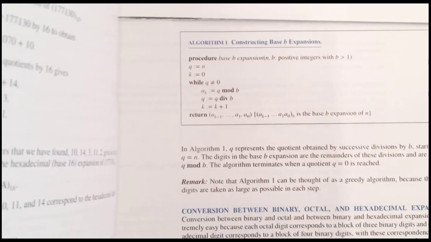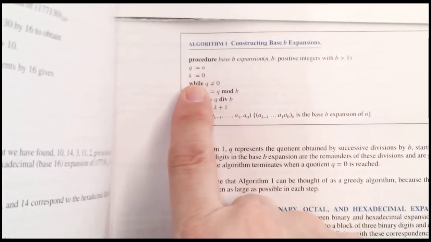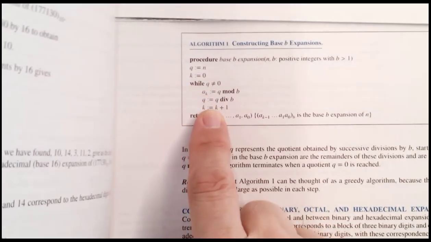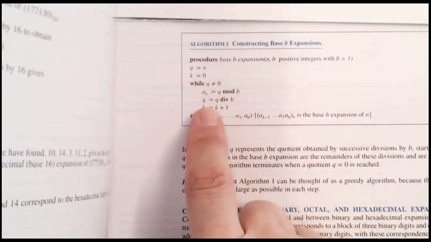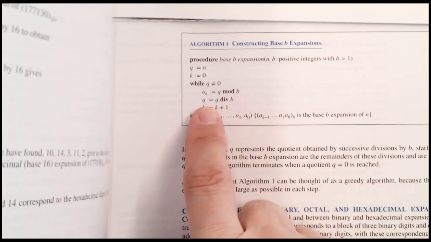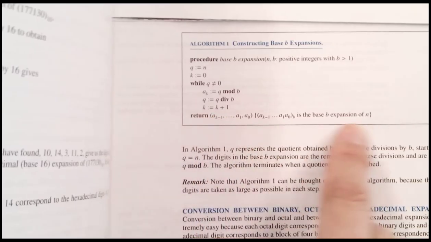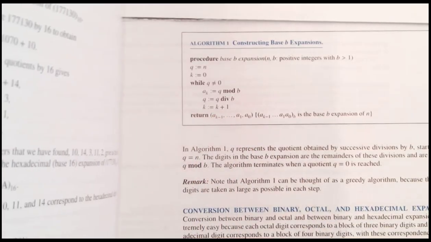There you go. Quotient. Start with k being 0. Keep going. It spits out the remainder. And then I replace. So I have the new number I want to divide. Then I do the next division. I increment until I've gotten all of the digits out.